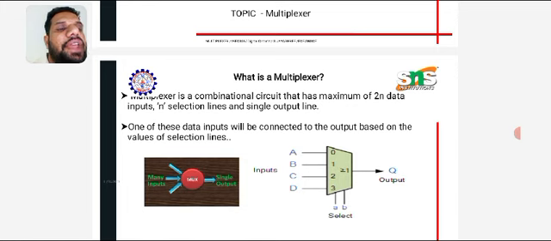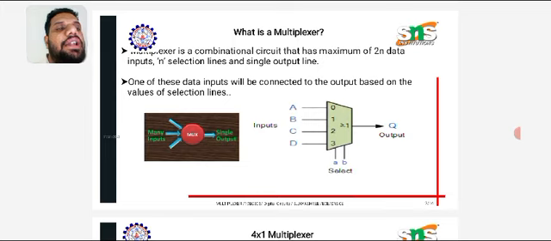For example, A, B, C, D in the given picture are the 4 calls at the same time, but which call should be connected to the output Q will be decided by the selection line. So a multiplexer is nothing but many inputs and a single output, with n selection lines.